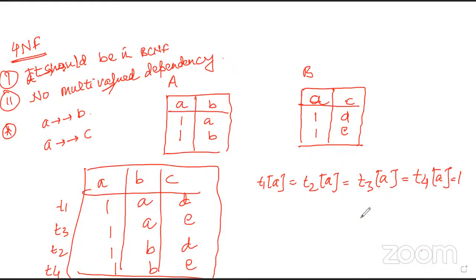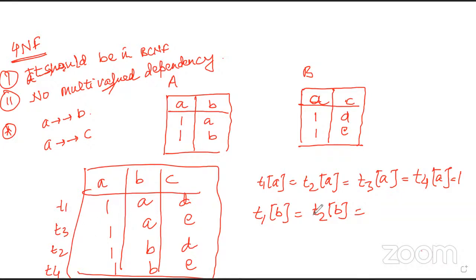That is equal to 1, right? And the second condition is T1B, T2B equal to A. I think here I make a mistake.